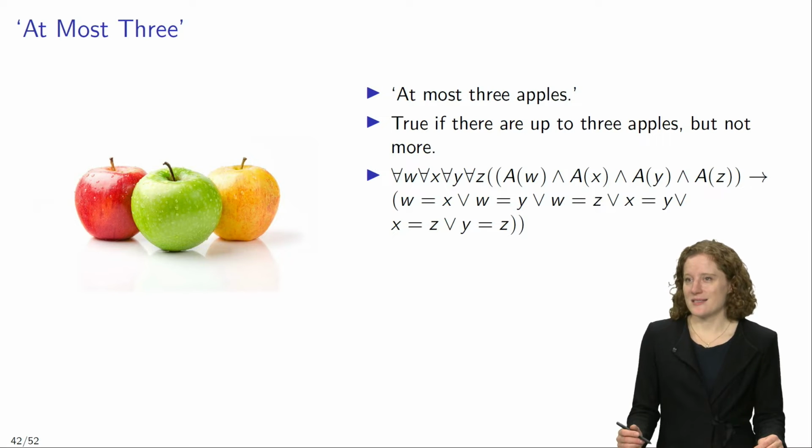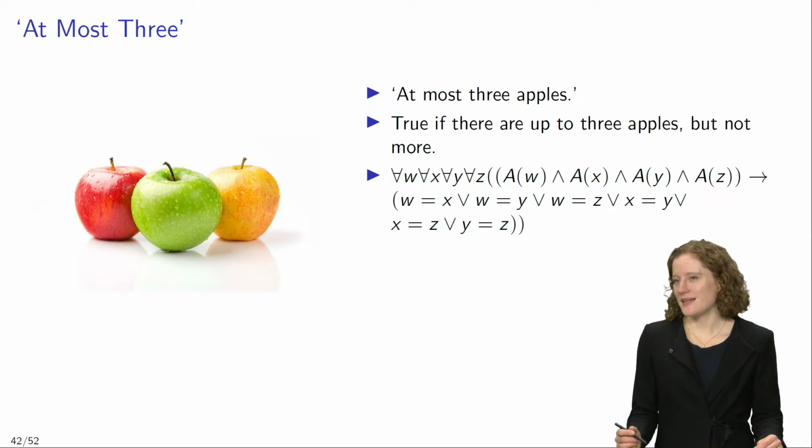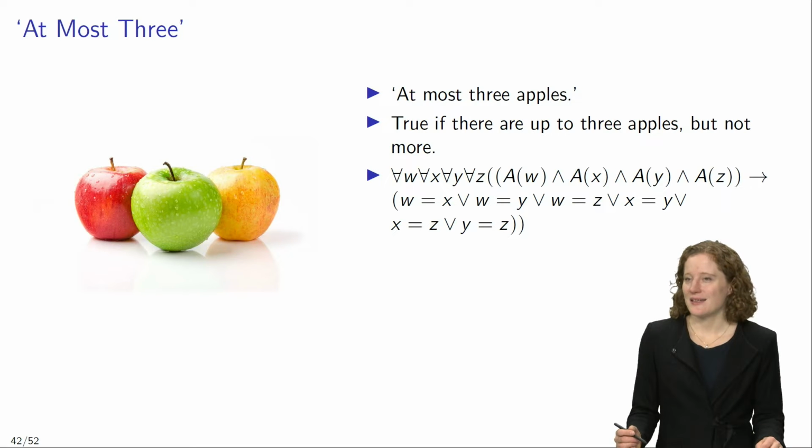Now, to symbolize this sentence, you need to use four universal quantifiers and say that for all w, for all x, for all y, and for all z, if Aw and Ax and Ay and Az, then either w is identical to x, or w is identical to y, or w is identical to z, or x is identical to y, or x is identical to z, or y is identical to z.